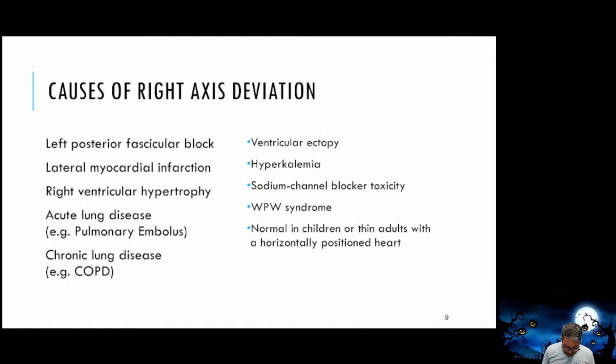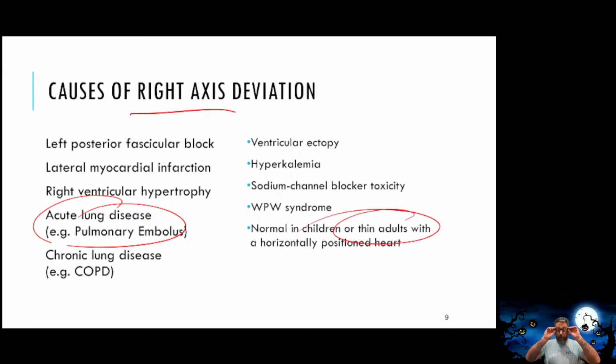Also, lung disease causes right axis deviation. Thin hearts: people who are very, very thin and frail, the heart shifts to a more straight downward orientation, and it makes it go to the right.